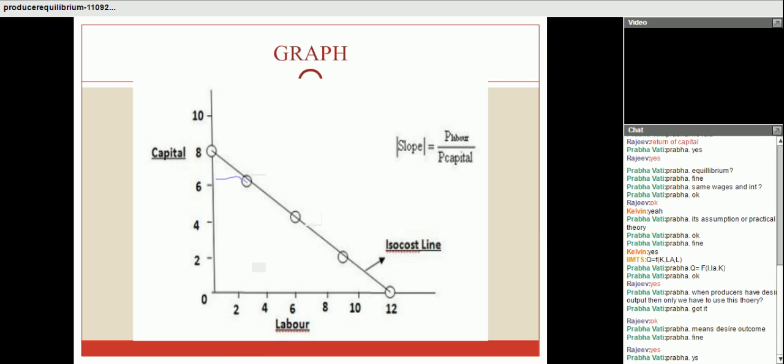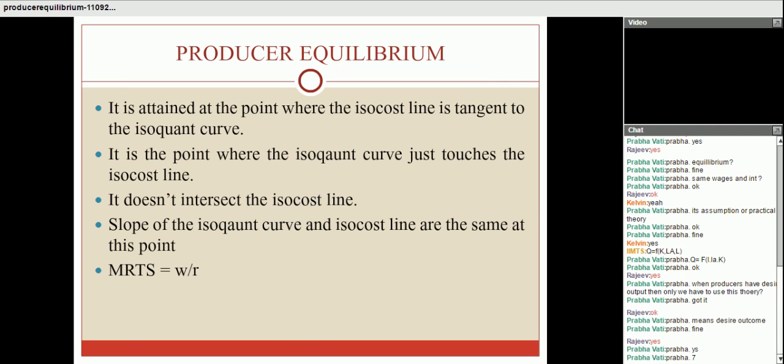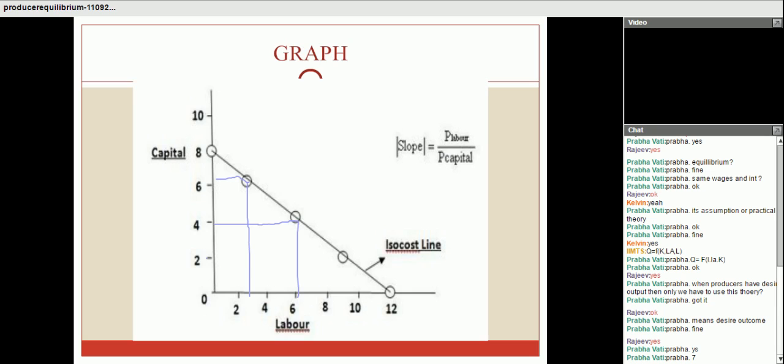Sorry, I am telling you the wrong thing. It's not very well plotted. Let's go ahead. Yes, Prabha, what is that? 0.7, yeah, okay.